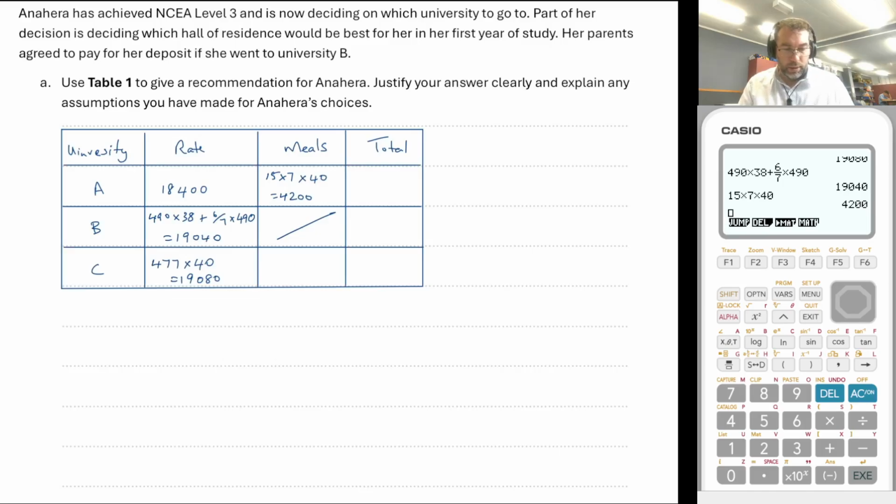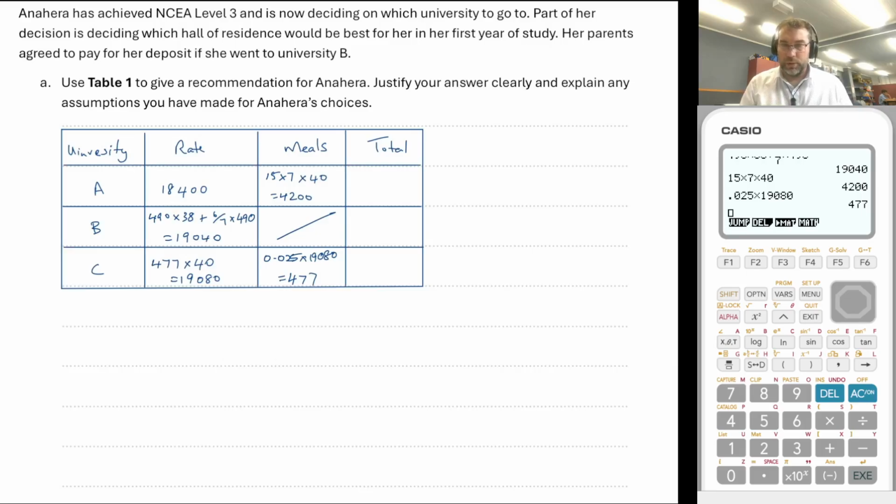And the meals for University C, 2.5% of the cost of the year. So that's going to be 0.025 times 19,080, which is an extra $477.